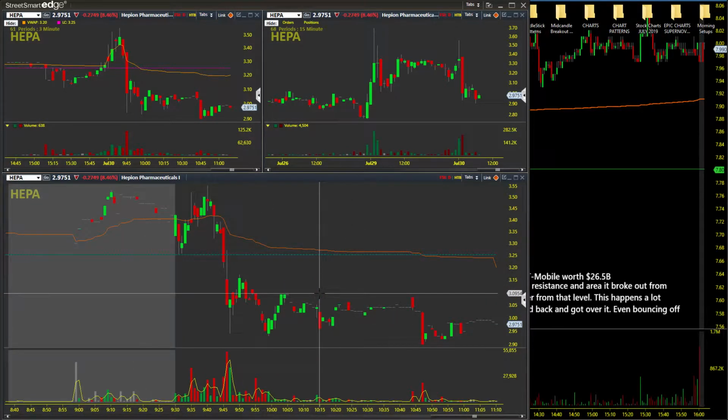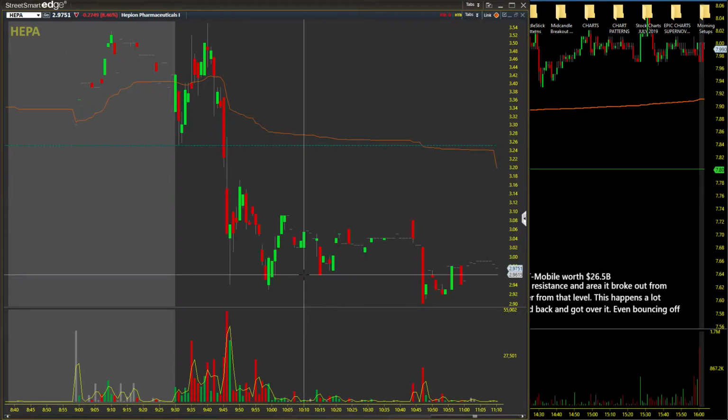And then also, I want to point out another tip: looking at multiple time frames. At one point, I was only looking at a 1-minute chart. I would always just look at 1-minute charts.